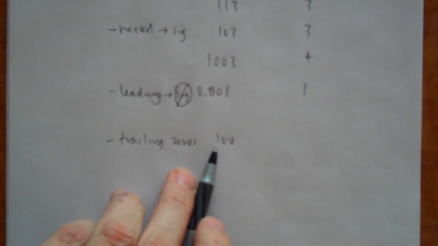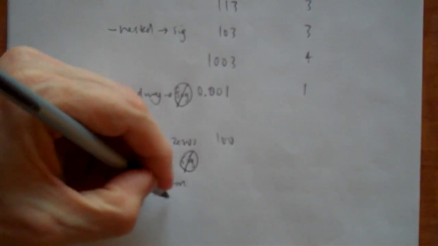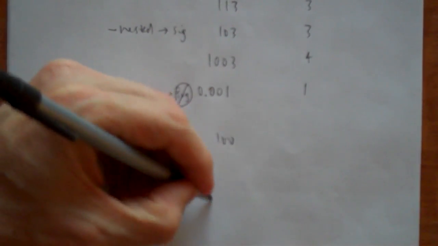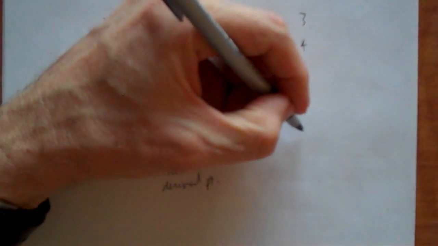But it's just showing the magnitude, it's insignificant. So I'm going to say sig not if it's before the decimal point and not showing the decimal point. Okay? You see that's a trailing zero. That's got only 1 sig fig, right?